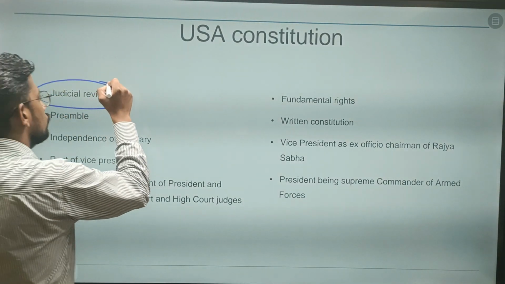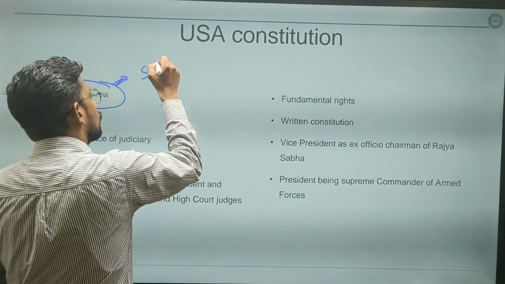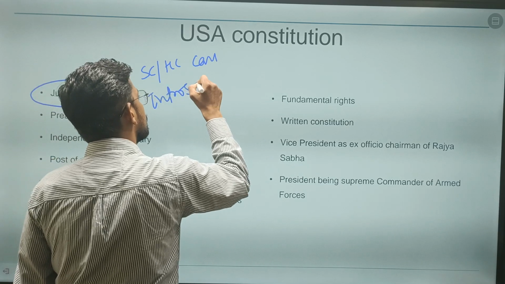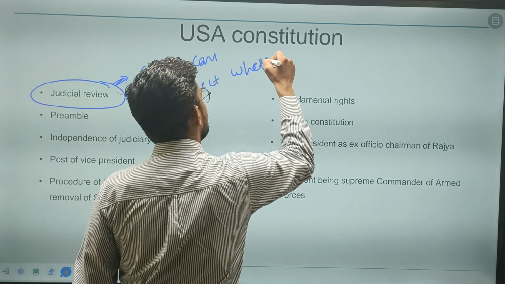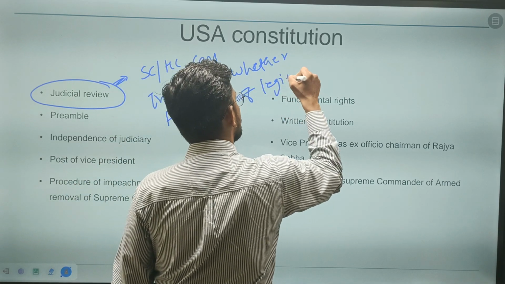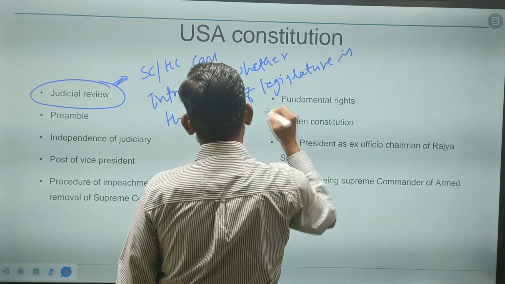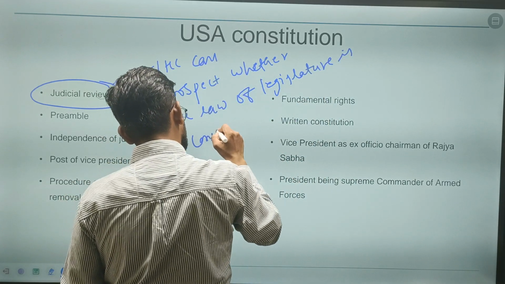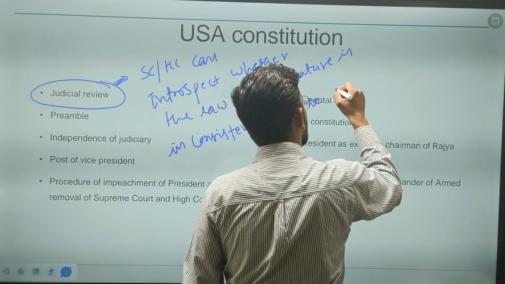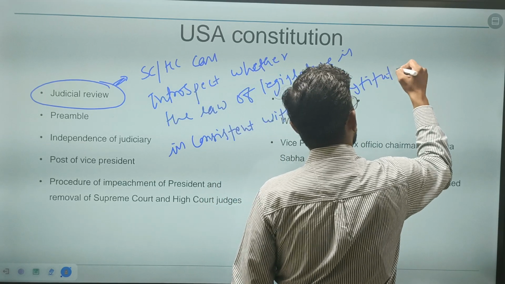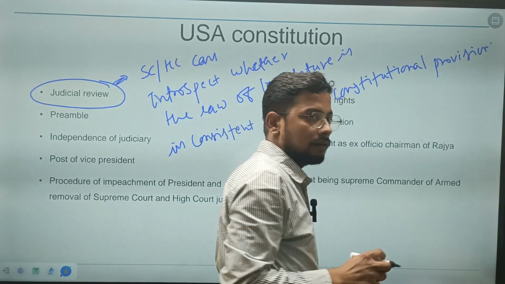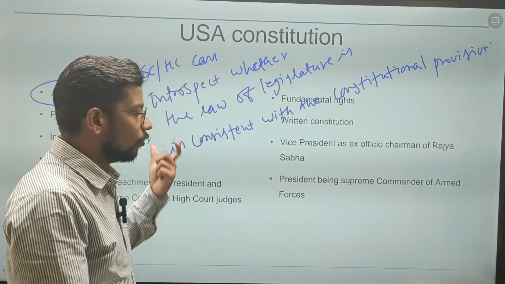What does judicial review mean? Judicial review means the Supreme Court or High Court can examine whether the law of the legislature is inconsistent with the constitutional provisions. So this power is only vested with the Supreme Court or High Court.